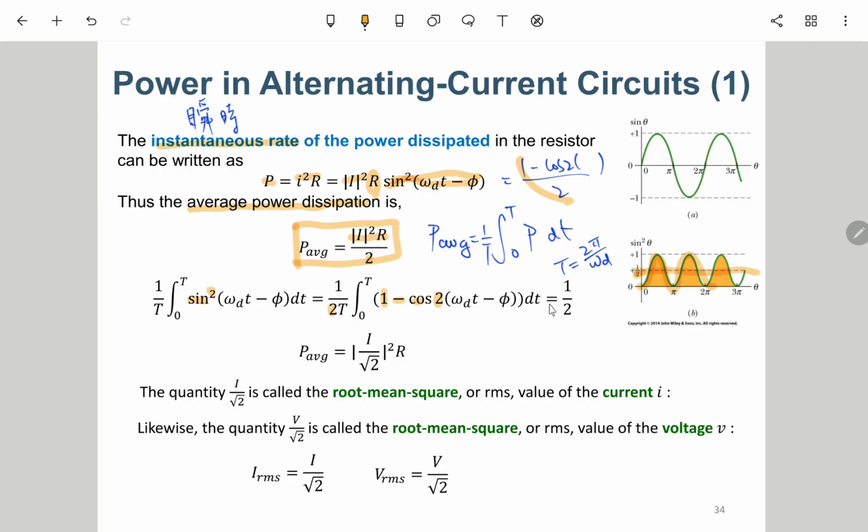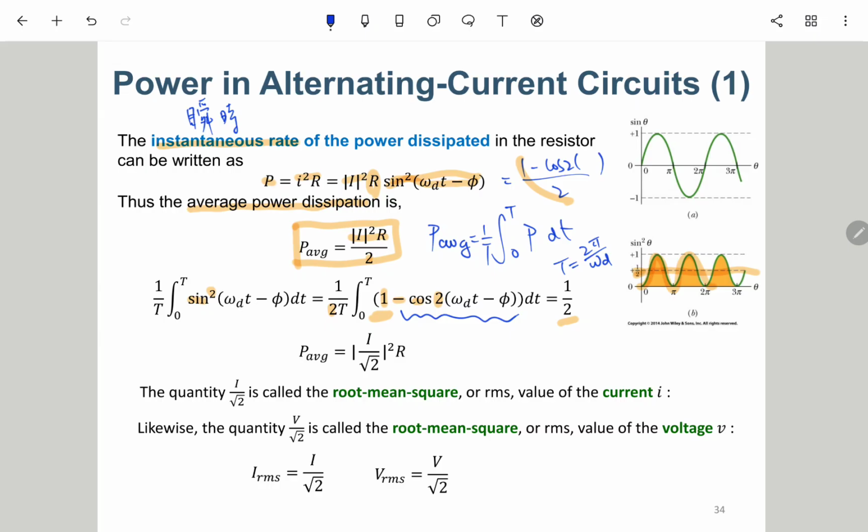To integrate this, the first term turns into t, and evaluating from 0 to T gives T. T divided by 2T will be 1/2. So the first term gives 1/2.